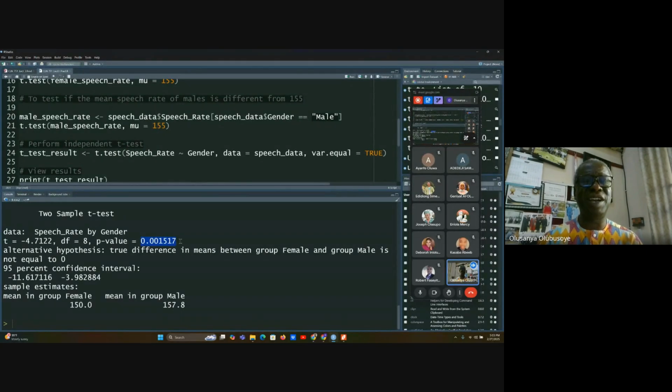And this is the p-value. And because it's so small, it means we have very strong evidence against the null hypothesis.